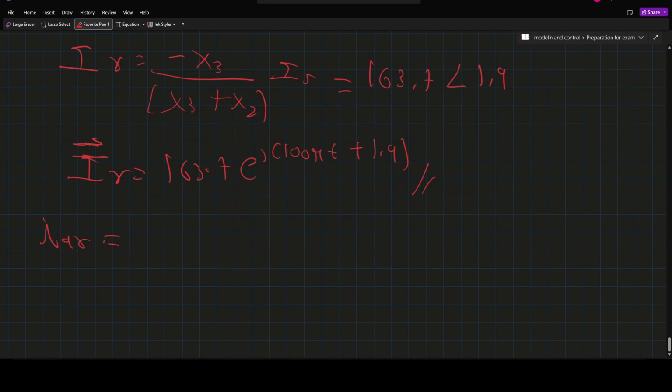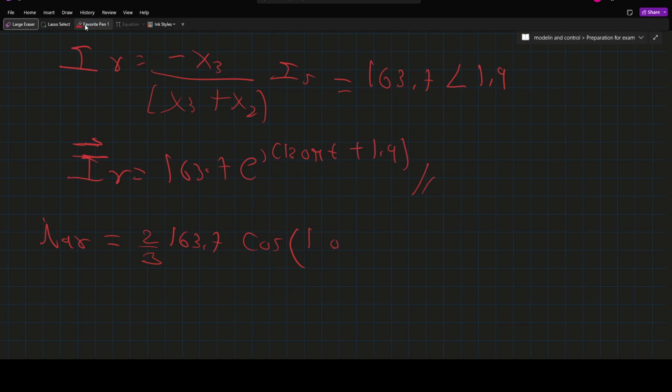And just like we did with our other example, our IR, our current in the phase A of the rotor, is going to be 2/3 of what we just figured out here, 166.7 cos of omega t. This is 120. I keep thinking in 50 hertz, so that's why I keep writing 100.